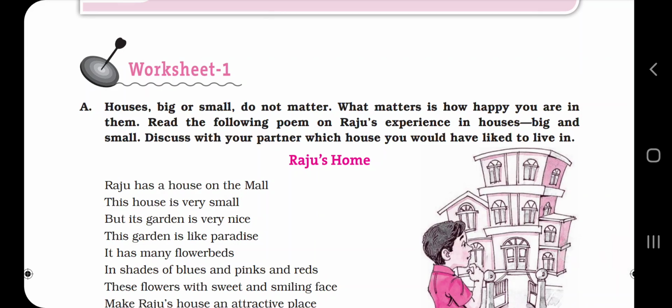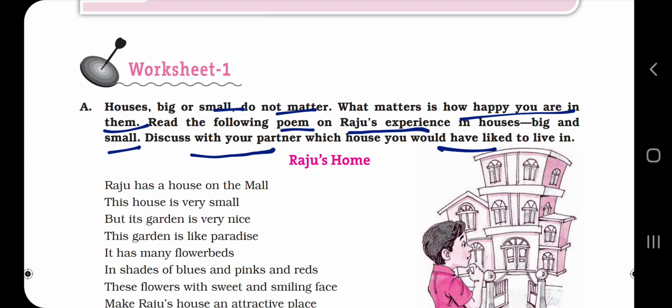A house is big or small does not matter. What matters is how happy you are in them. Read the following poem and Raju's experience in houses, big and small. Discuss with your partner which house you would like to live in.